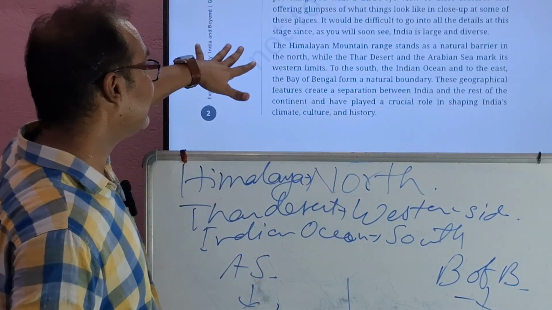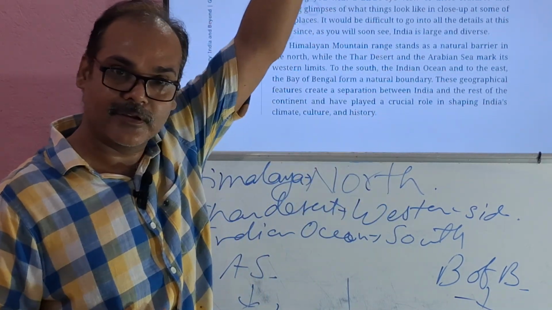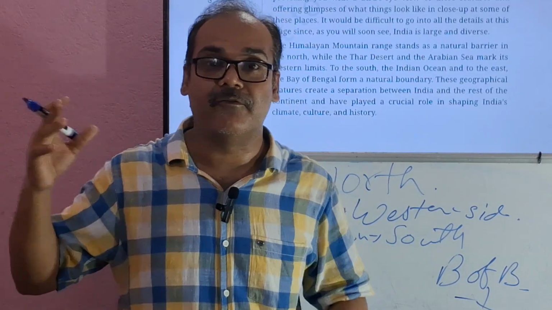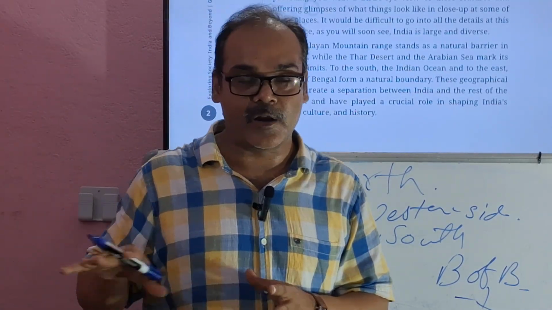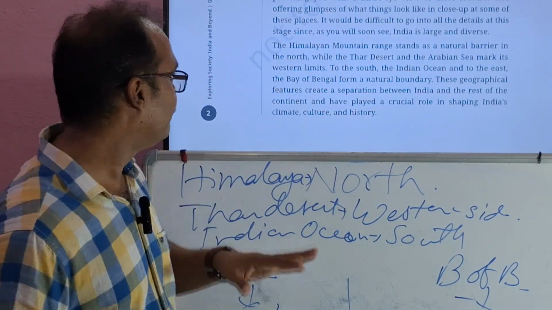So this is how we describe it: on the northern side we have Himalaya, on the western side we have Thar Desert and Arabian Sea, on the eastern side we have Bay of Bengal, and at the south we have Indian Ocean.